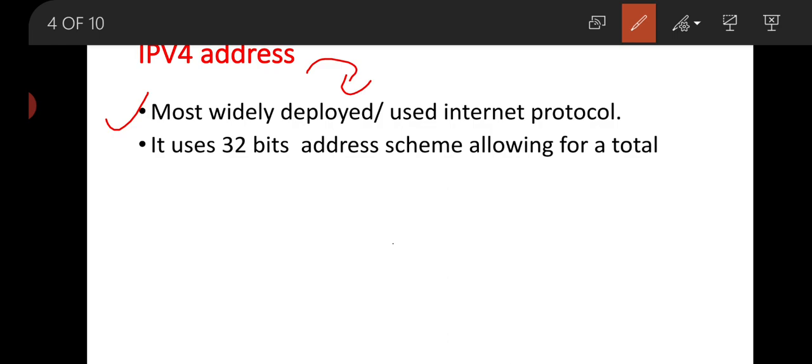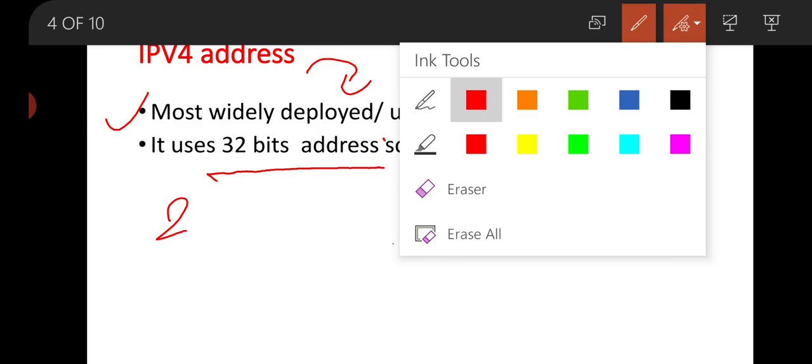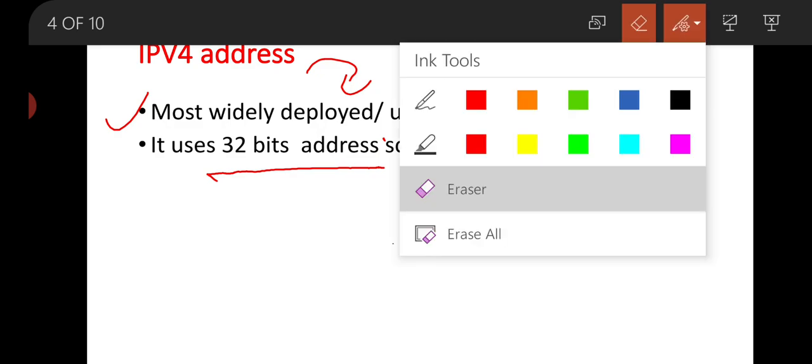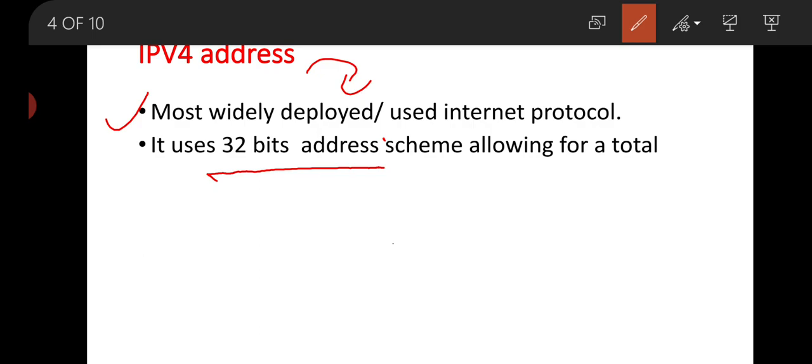It uses a 32-bit address scheme. See here, the most important thing is that this is a 32-bit address scheme, allowing for a total of 2 to the power 32 addresses.